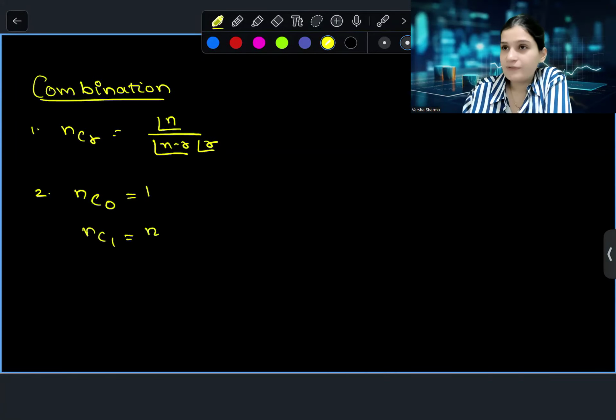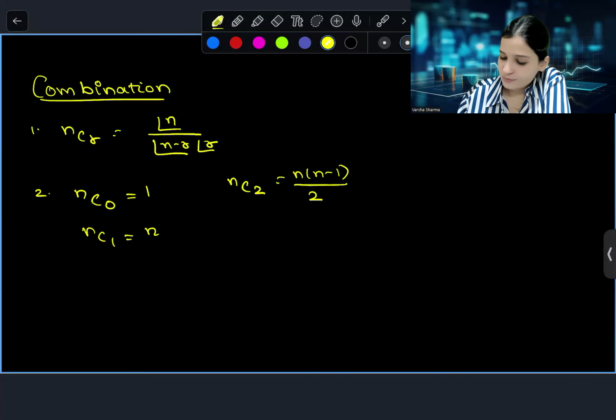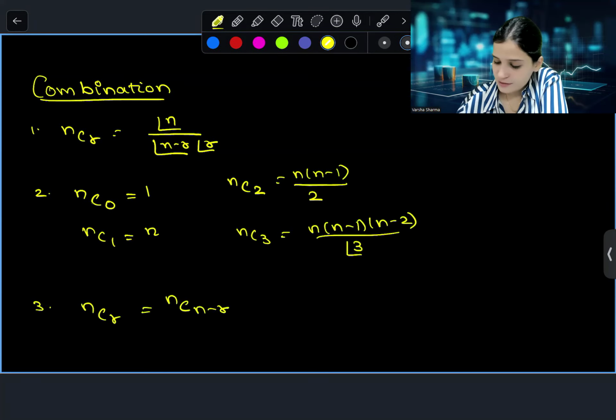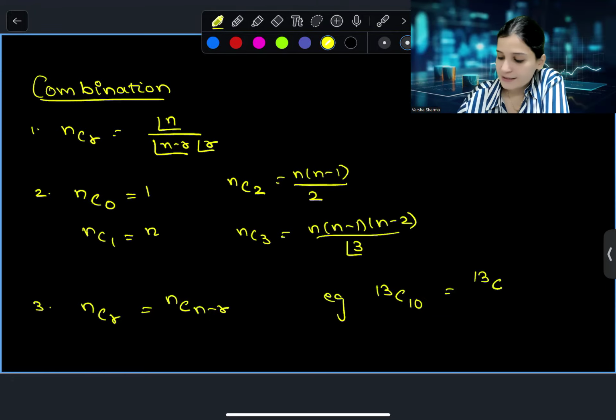NC1, only one number divided by factorial 1, so 1. NC2, multiply two consecutive numbers divided by factorial 2. NC3, multiply three numbers divided by factorial 3. NCR is the same as NC(n minus r). For example, 13C10 is the same as 13C(13 minus 10), 13C3.